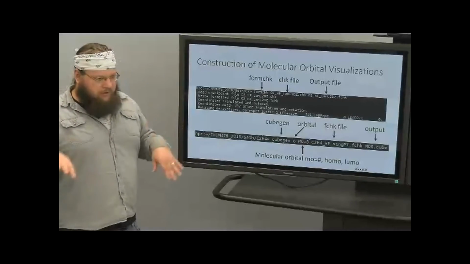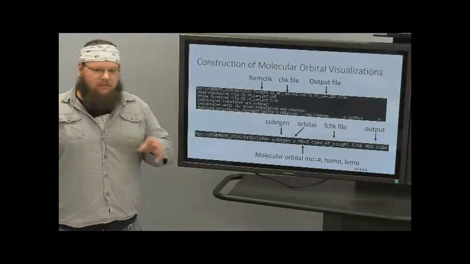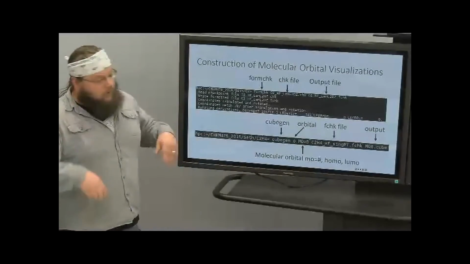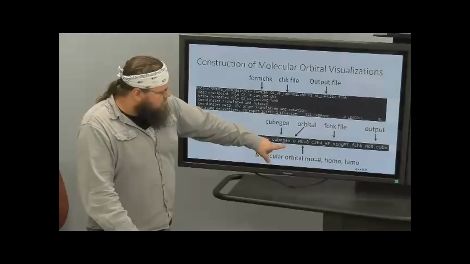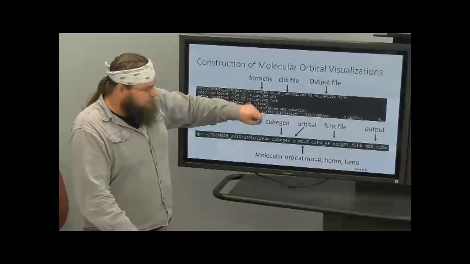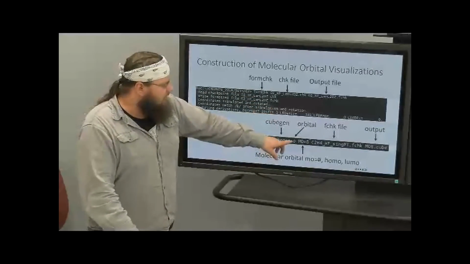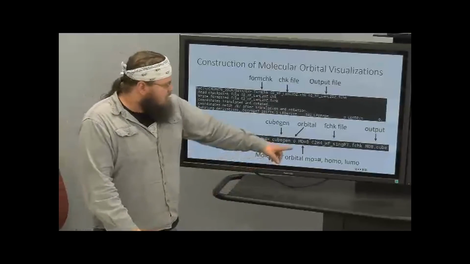Before you do that, you need to go into your log file and look at where your HOMO or your LUMO is, or what molecular orbital you want to plot, because in cubegen, which will generate a cube file, you put that command, then you put O for orbital, because we want molecular orbitals.